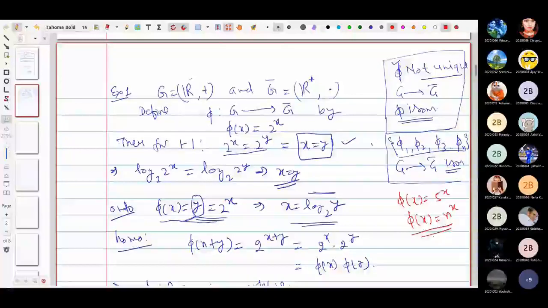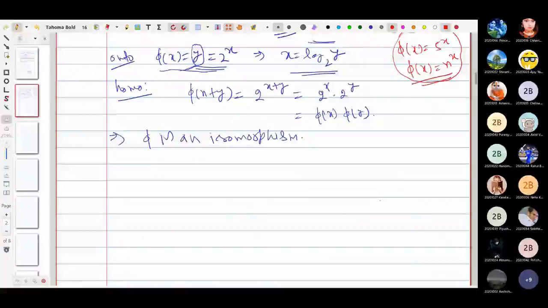So there are so many functions we can define over it, so that phi is an isomorphism. Every isomorphism is a homomorphism, but not conversely. Are you getting my point?